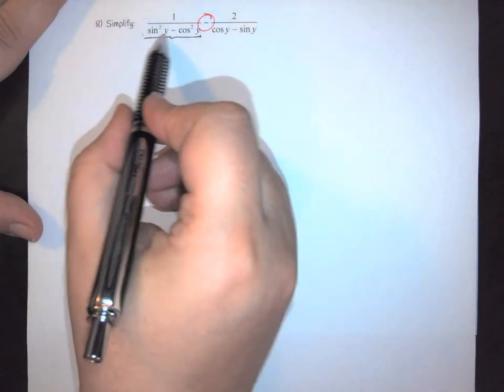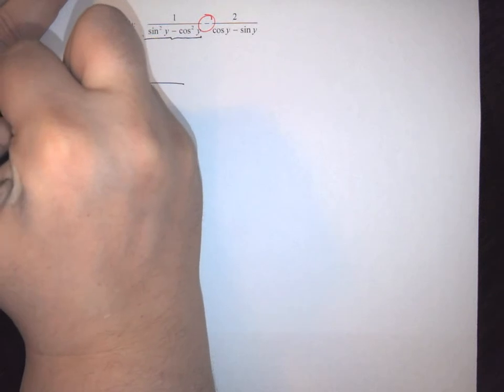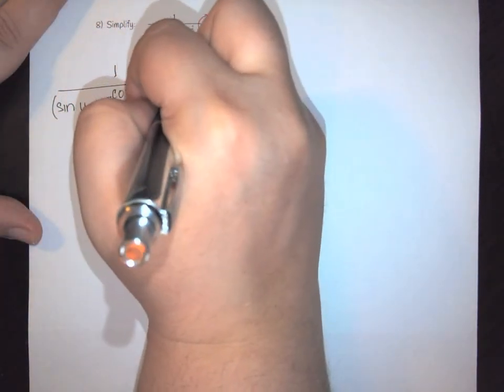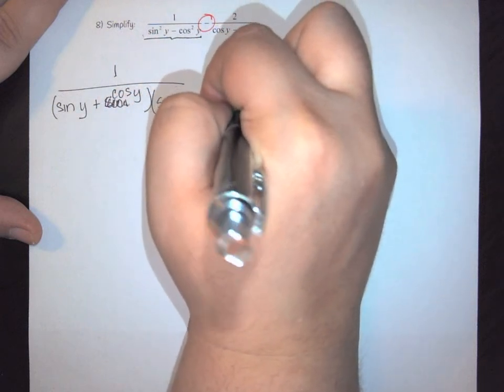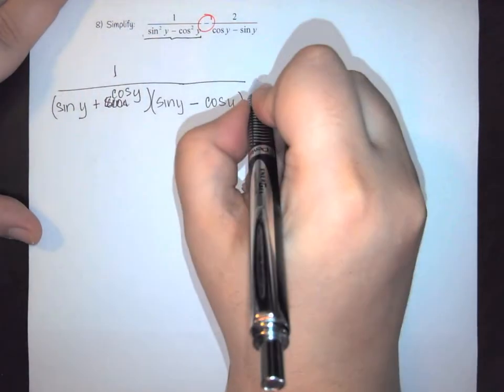So this again is a difference of squares, so we know that this is going to be 1 over, and I'm going to have the sine of y plus the cosine of y times the sine of y minus the cosine of y. And I am subtracting.